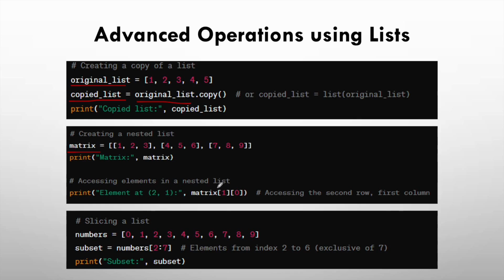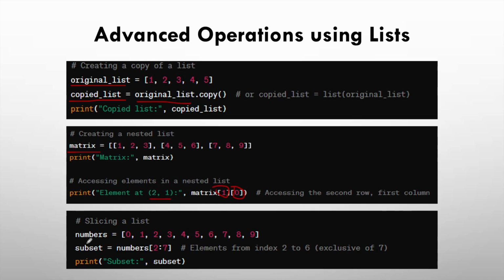So here, the first number is the row and the second number is the column. So that's how you get a particular element. So here we've done 1 and 0. So that means we want the second row and the first column, which here is the element 2, 1.